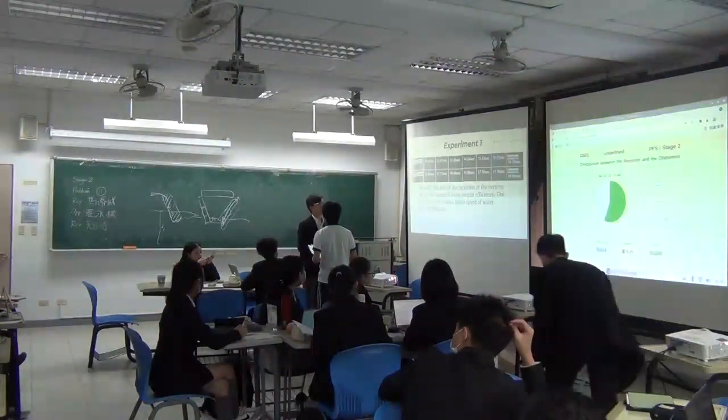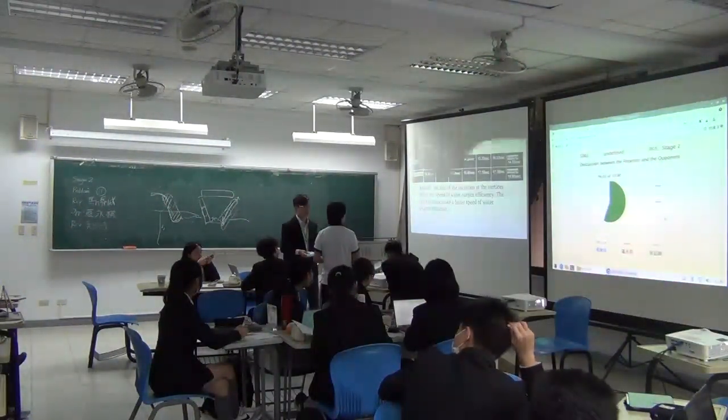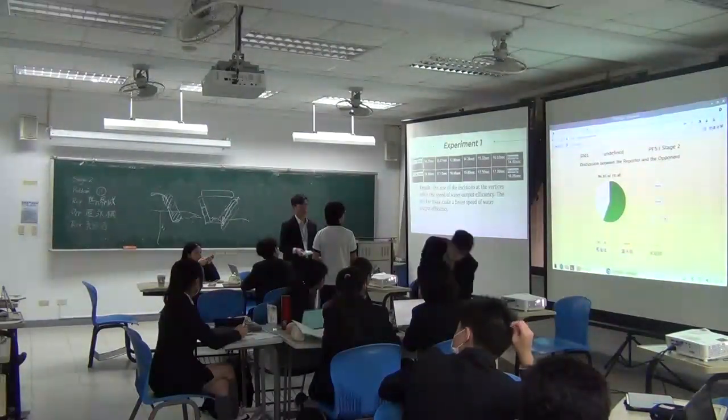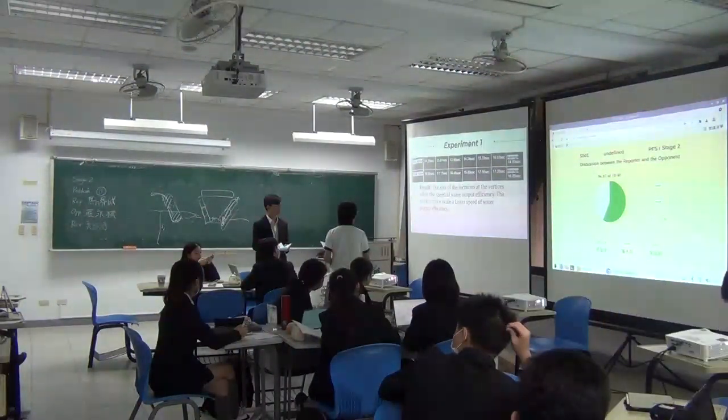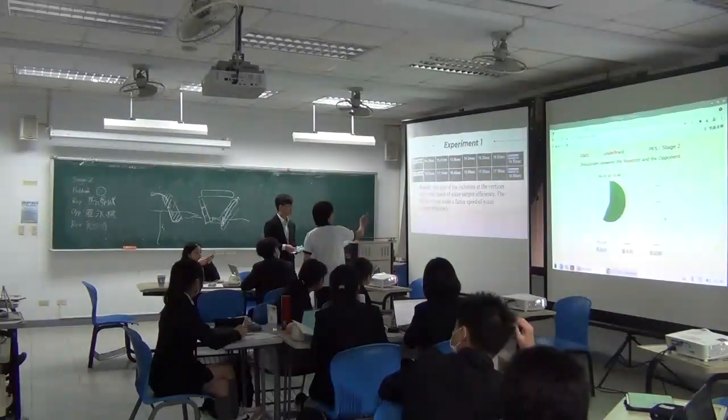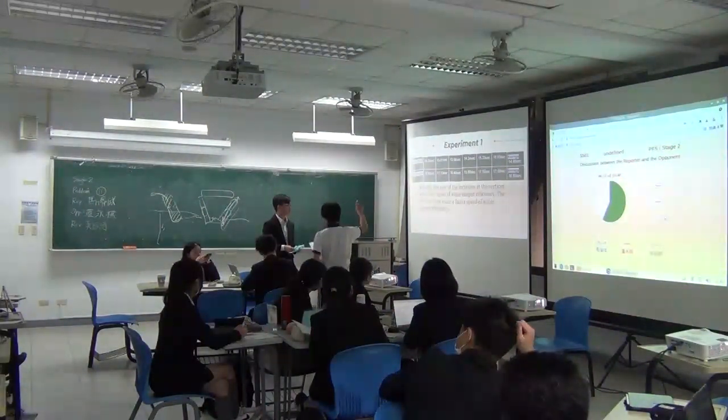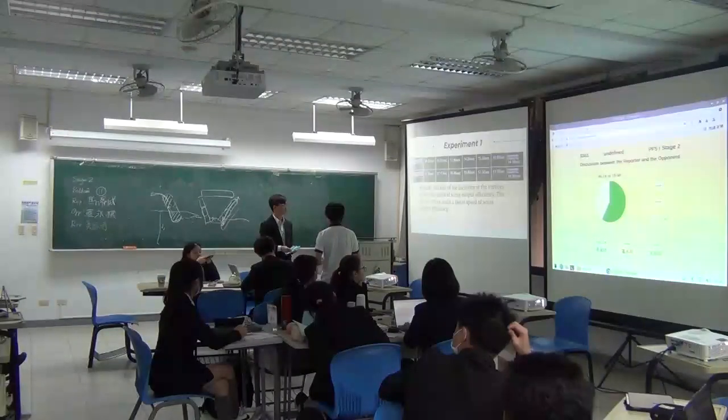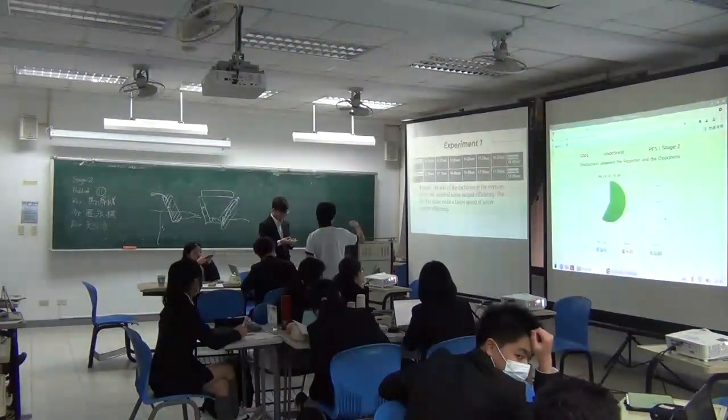So maybe in your experimental data, what do you think the trend is? What does this tell us? Okay, so do you see the time? This is the time that the water is flying through.